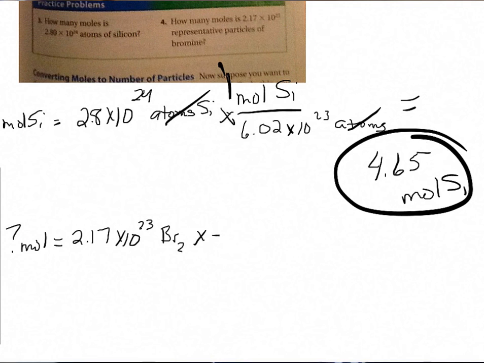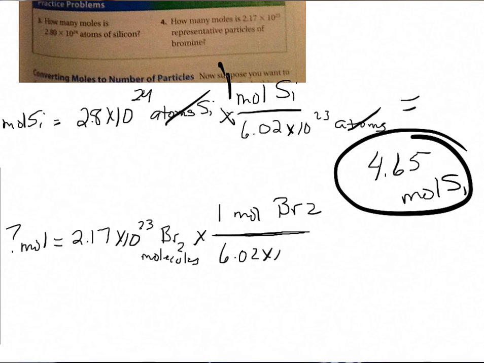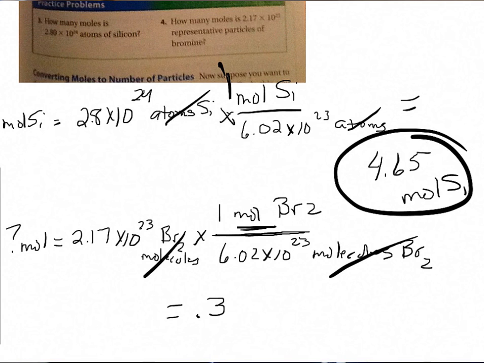Now that's not really important as far as being able to figure out this problem, but we're going to call them molecules. 1 mole Br2 is equal to 6.02 times 10 to the 23rd molecules of Br2. So molecules will cancel. I'm left with moles. That's what I'm trying to find. So now I just take 2.17 times 10 to the 23rd divided by 6.02 times 10 to the 23rd, and I end up with 0.360 moles.